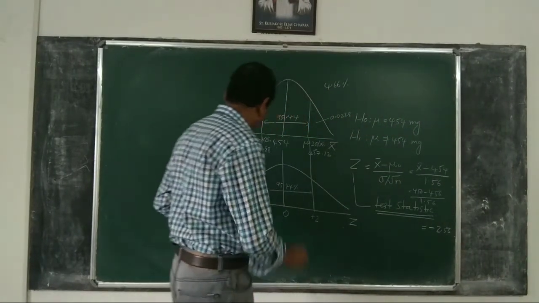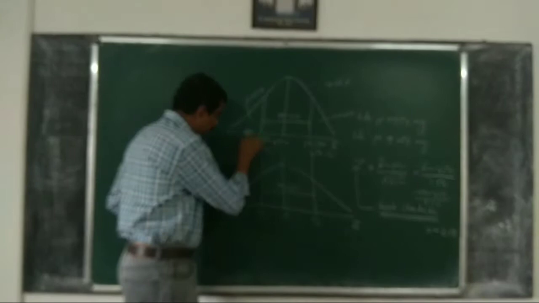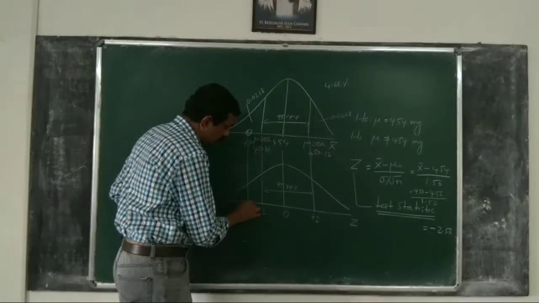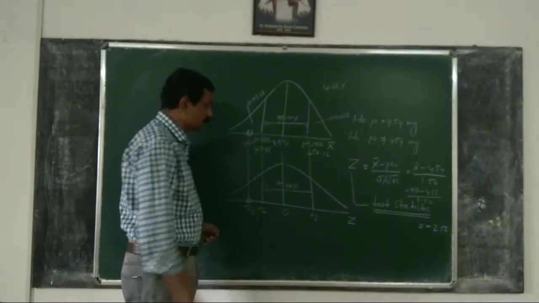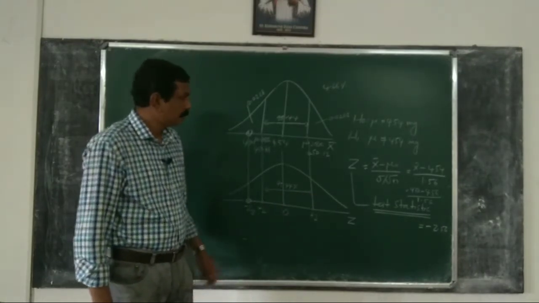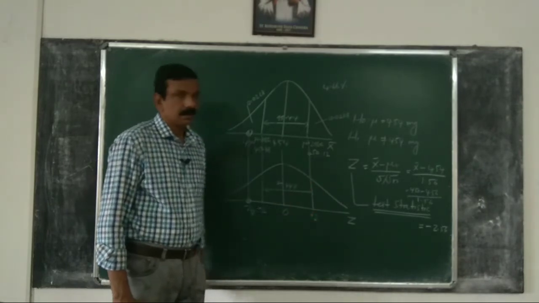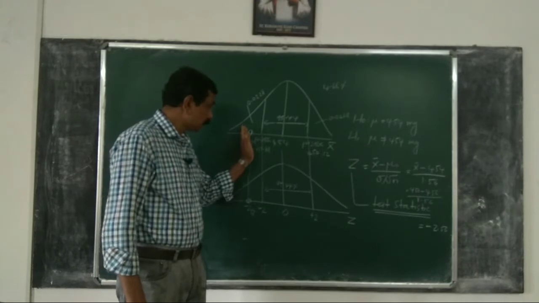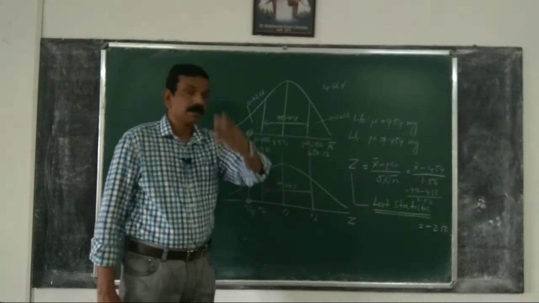And where is the value? The value corresponding to 450 is minus 2.56. So the Z is in the critical region. So the null hypothesis is rejected. So remember this, hypothesis testing is based on a hypothetical distribution.